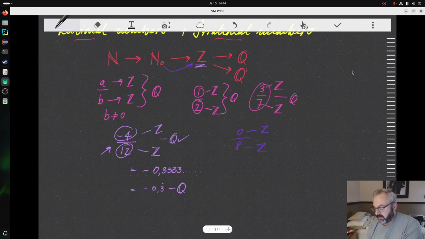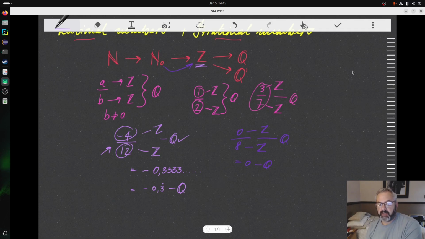So that means 0/8 or 0 by 8 is a rational number. Now, just for interest's sake, what is 0 divided by 8? That is of course 0. And we determined that 0 by 8 is a rational number, so that means that the solution of 0 by 8, which is 0, is also a rational number.